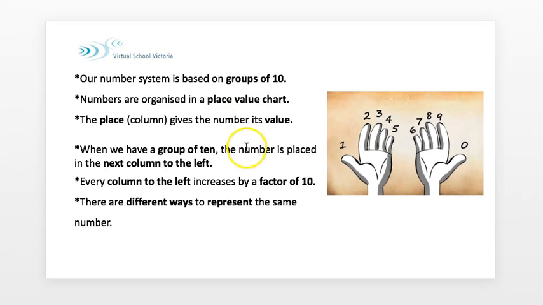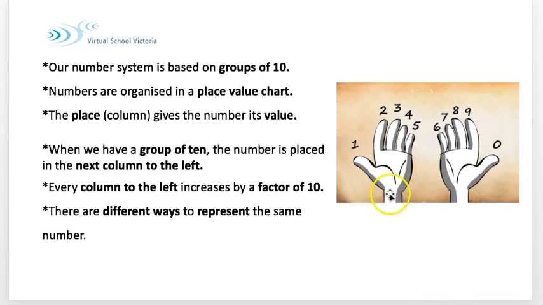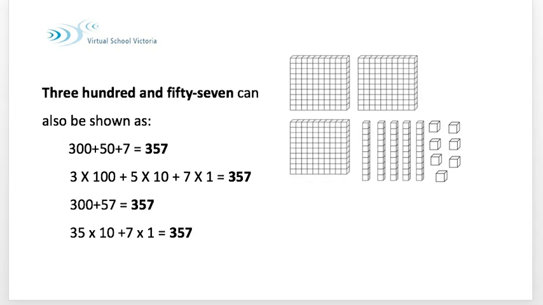And when we have a group of 10, that group is placed into the column on the left. So our numbers in the columns grow bigger by a factor of 10, and there are different ways to represent the same number. Those are important ideas. For example, here we have 357, and there are at least 4 ways of representing 357, including with materials. But I am sure if you thought about it, you could find many, many more ways.